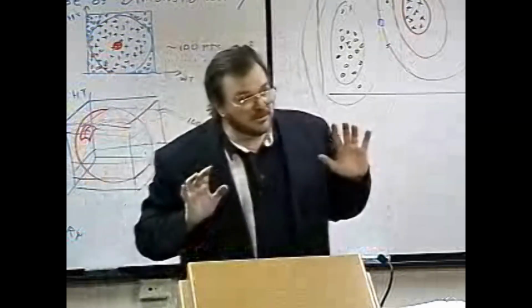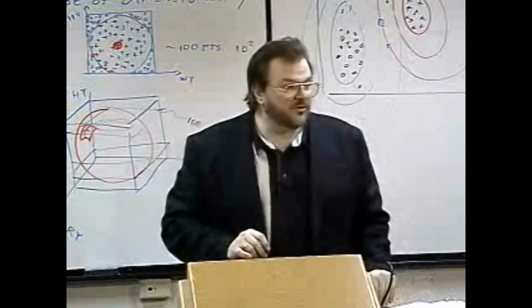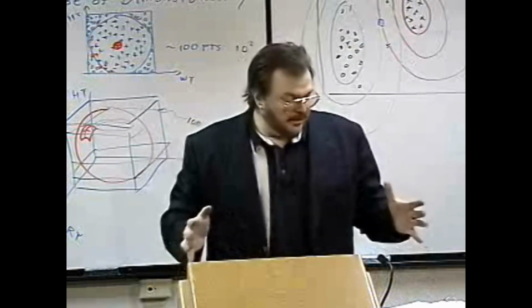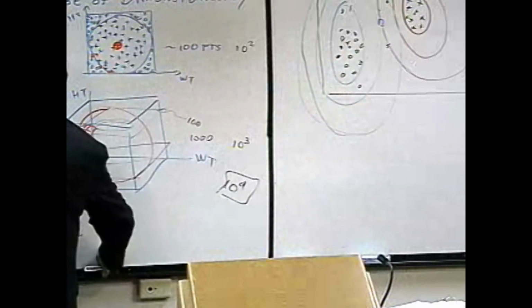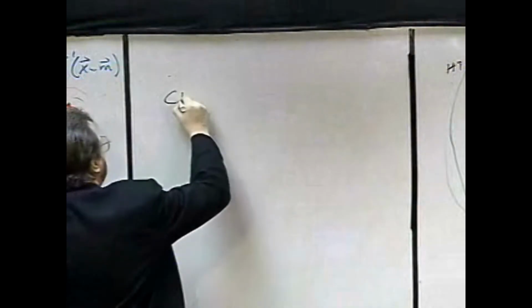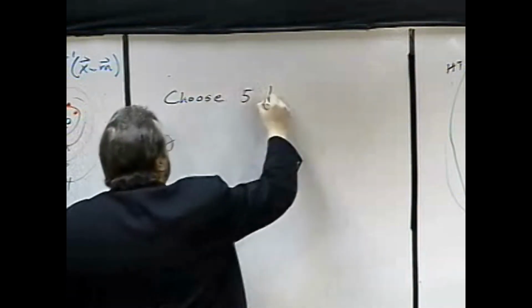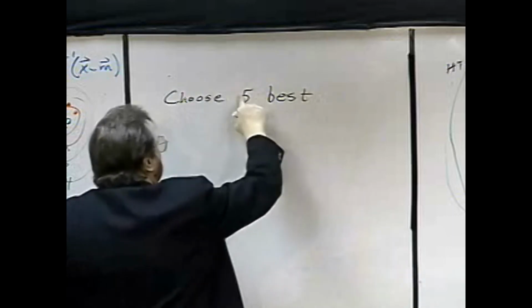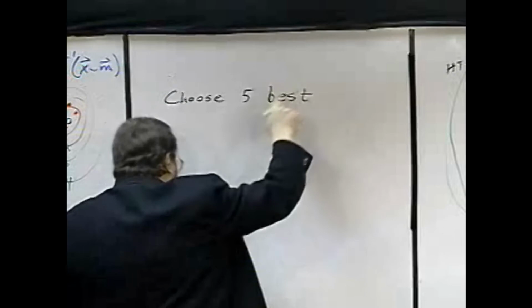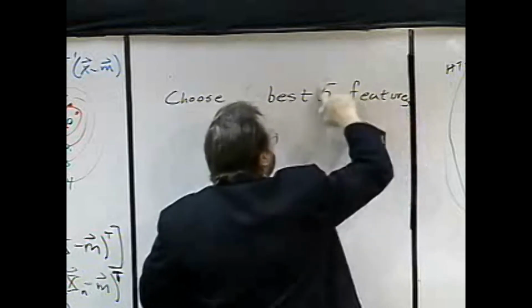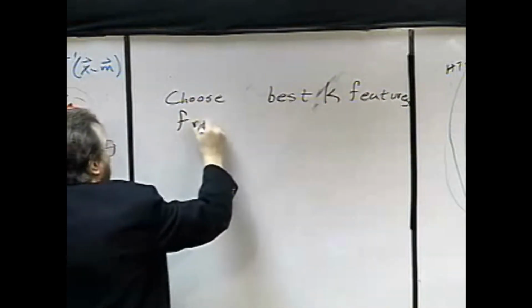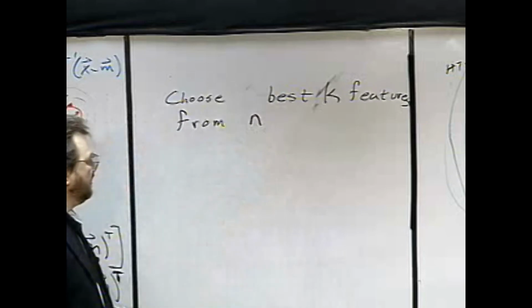And this becomes, if one is to do an exhaustive search among all the features, if you had 100 and you wanted to choose the best 5, you know how many you would have to do? This comes back from combinatorics. Let's call it K, from N features.